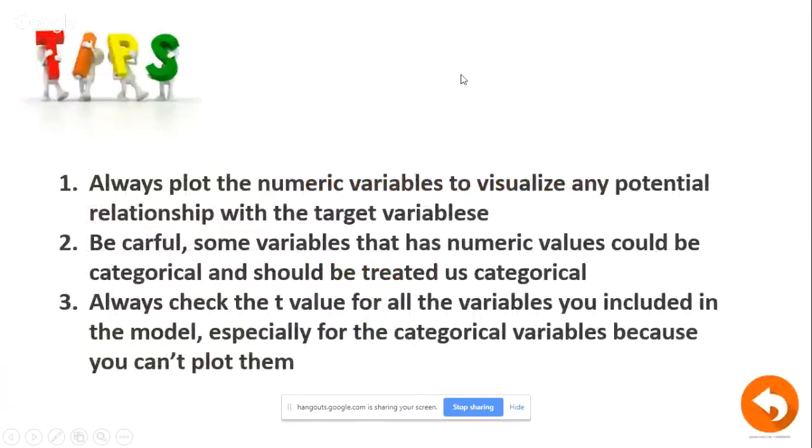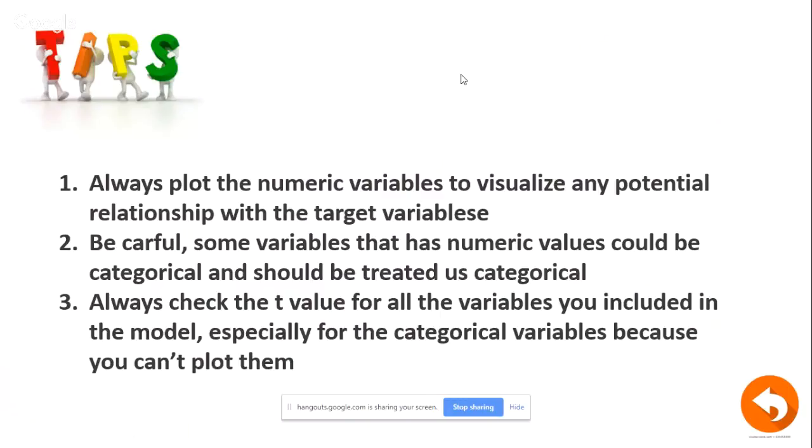I have a few tips for you from my experience with linear regression. First, always plot the numeric variables to visualize any potential relationship with the target variable. Second, be careful. Some variables that have numeric values could be categorical and should be treated as such.